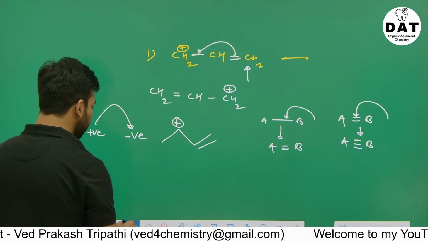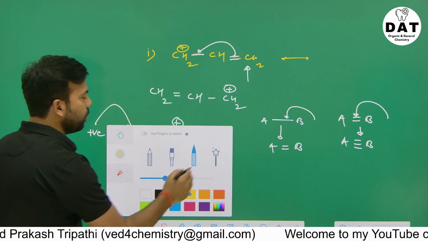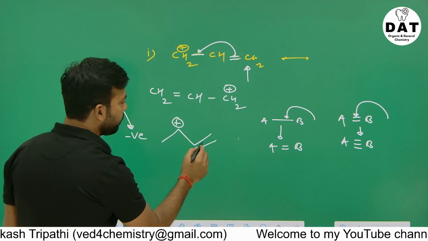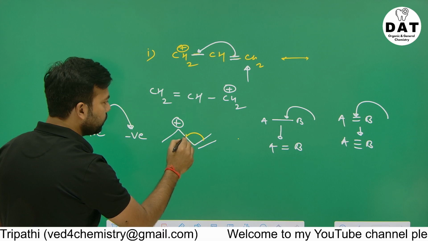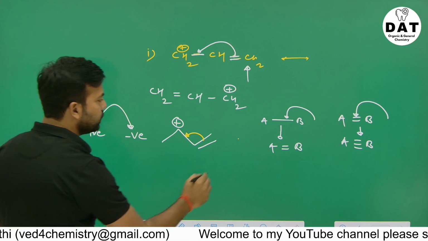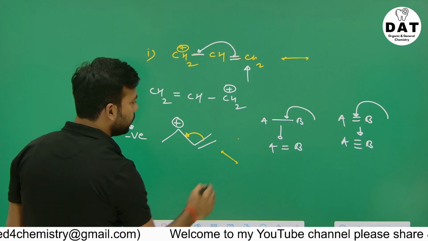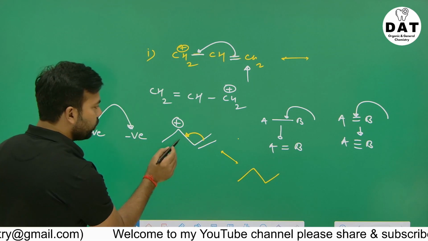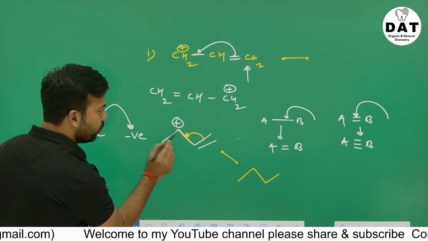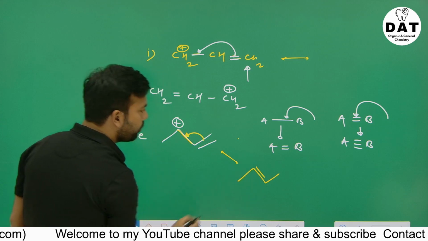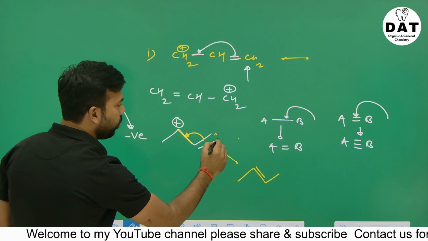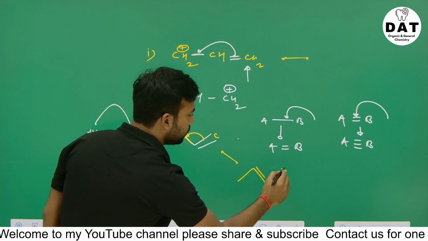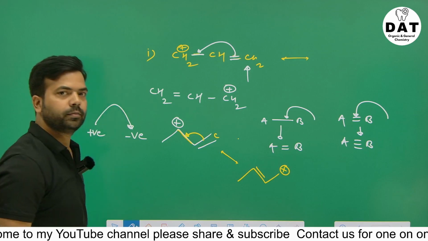Again listen to me. We have another example, suppose this one. So I said that the double bonded electron will move here. As a result, what will happen? The connectivity is not going to change. You can see this bond has an arrow, so it will become a double bond. The tail of the arrow is on this carbon, so it will be positively charged. Simple.